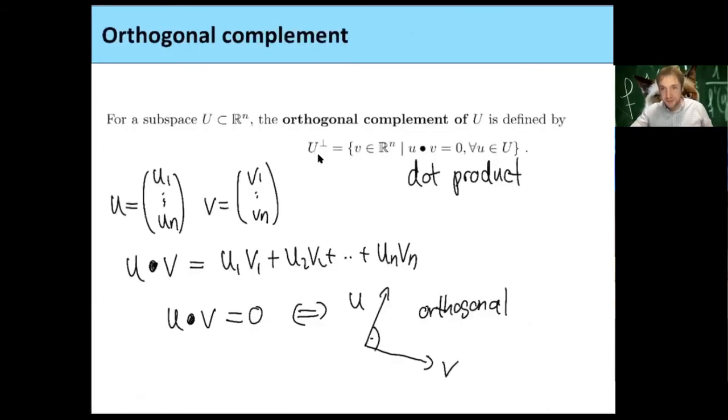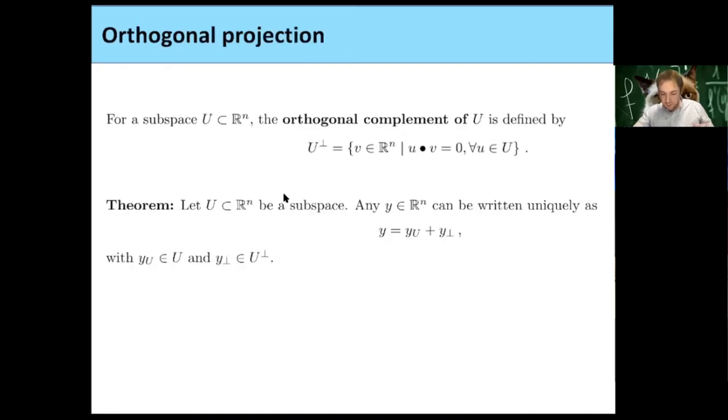Okay, so maybe some of you remember this from linear algebra. And now the statement is, which is actually quite a silly statement, that if I have a subspace, like the image of a matrix A, then any vector in this space, no matter if it's on the image or not, can be written as a sum of something which is in the subspace plus something which is in the orthogonal complement.